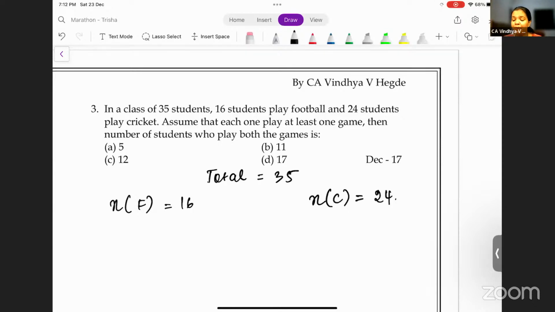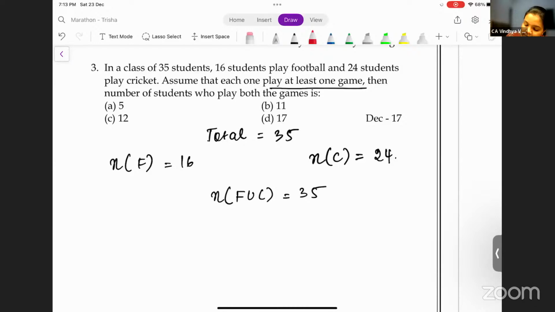Assume that each one plays at least one game, which means N of football union cricket is 35. And the number of students who play both the games. Both the games means intersection.